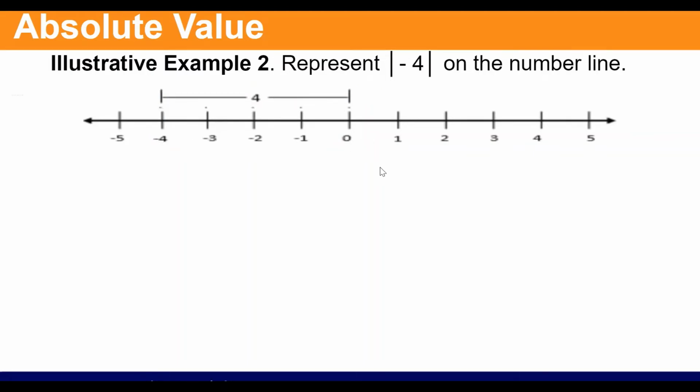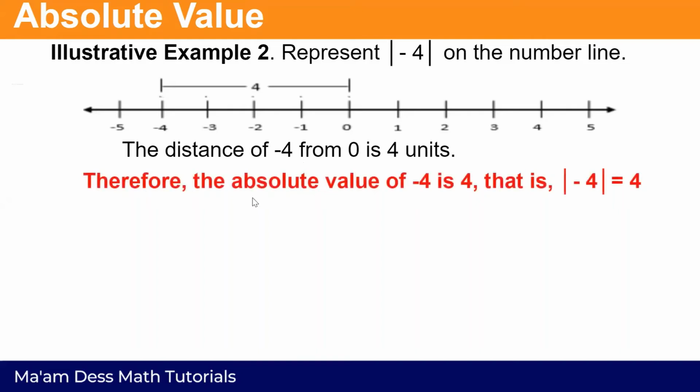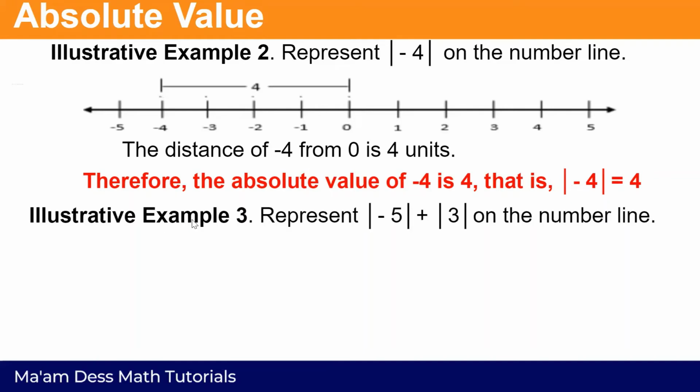So from 0 to -4, 4 units. The distance of -4 from 0 is 4 units. Therefore, the absolute value of -4 is +4. In symbol, enclosed with the 2 bars is -4, and the answer is +4.